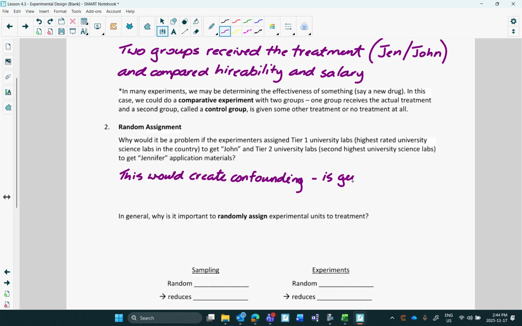It's gender or university quality, the cause of whatever outcome we get.